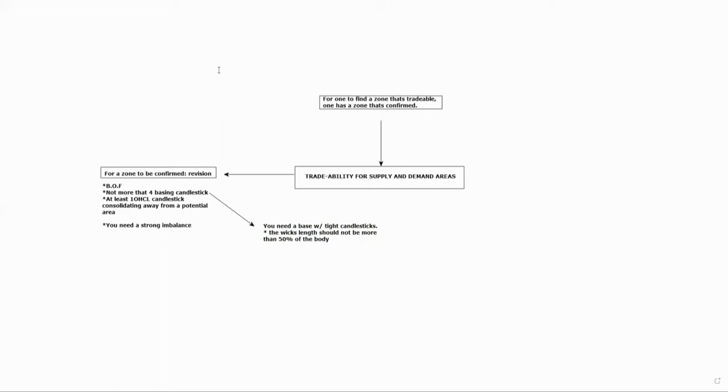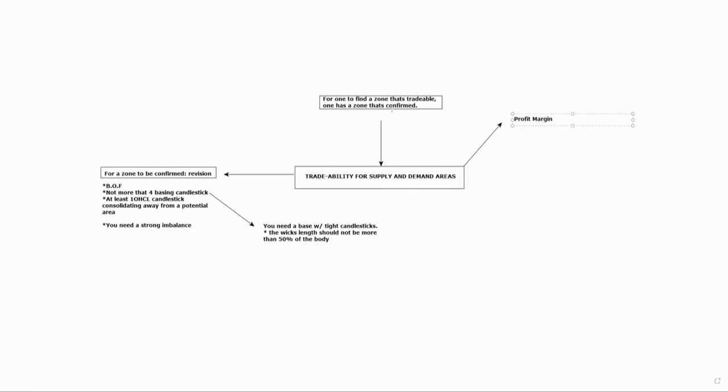Now, when it comes to tradability, we're basically looking for these other two elements. We're looking for profit margin, right?